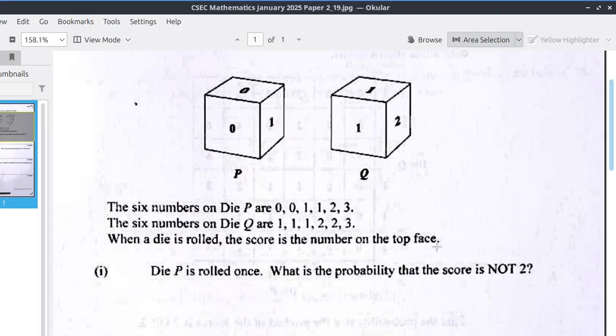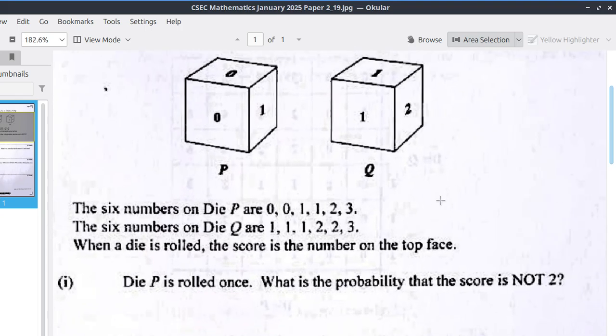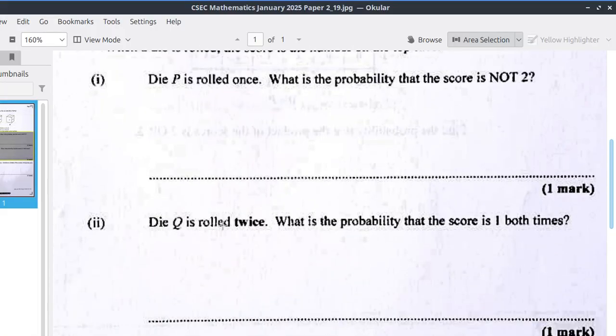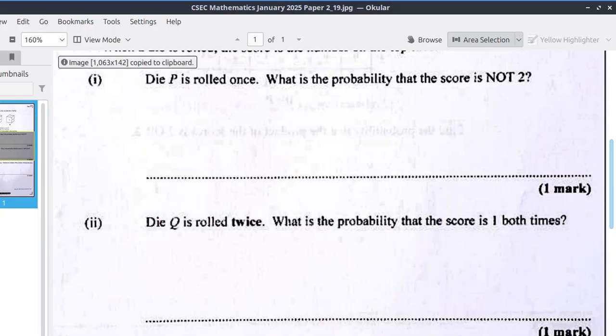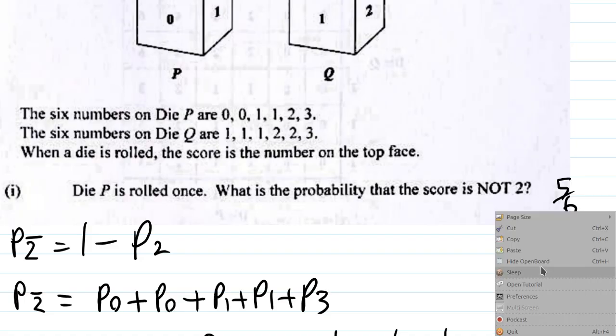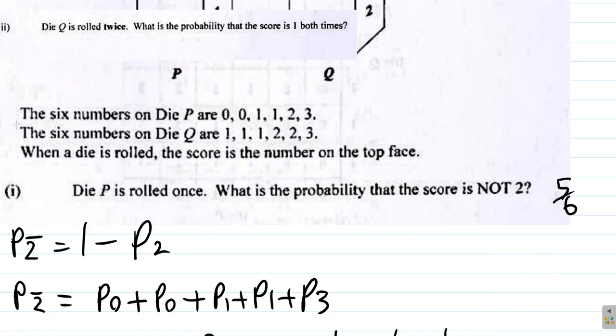Now what else do they ask you to do? Die Q is rolled twice. What's the probability that it is 1 both times? I just copy this part of the question and paste it over here. Let's pull it down.